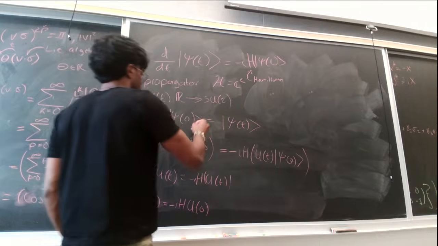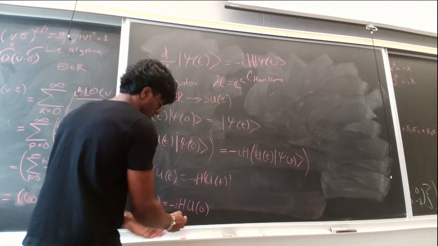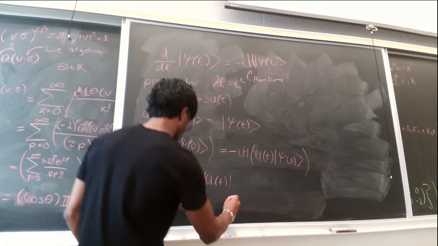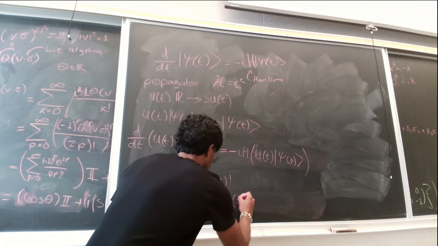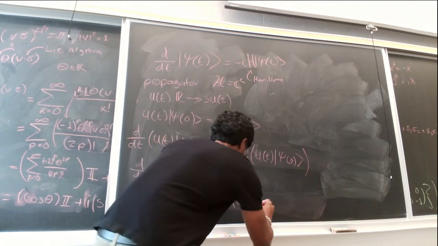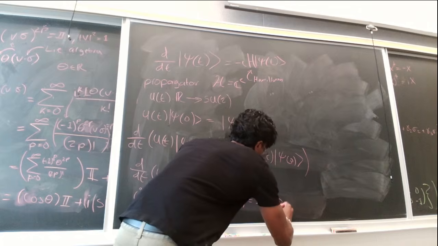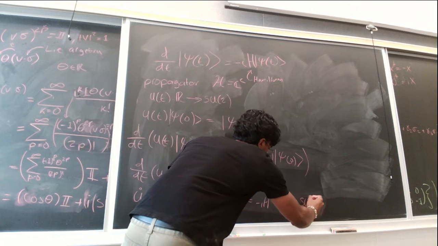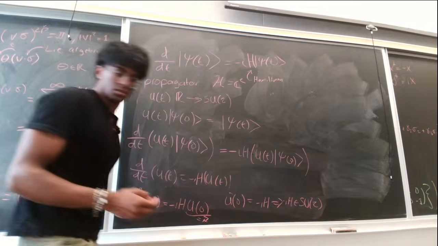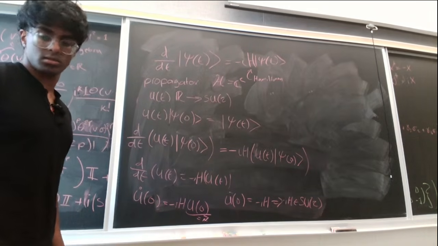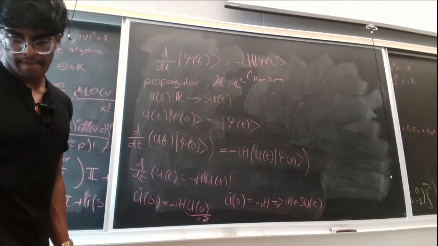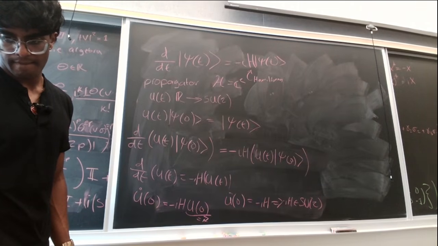So this would just be equal to I. Then you're left with negative iH, the tangent space. Well, no, you already knew that negative iH is in the tangent space because you knew H is self-adjoint. So that you already knew.